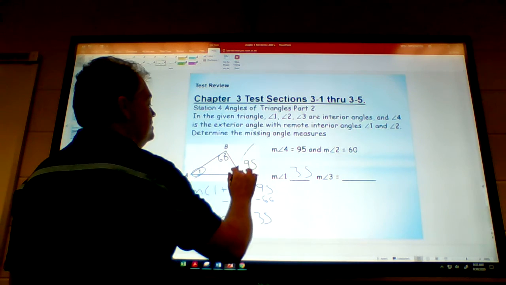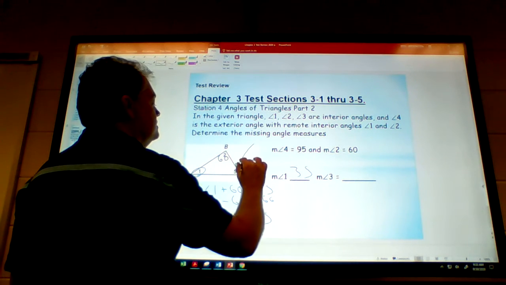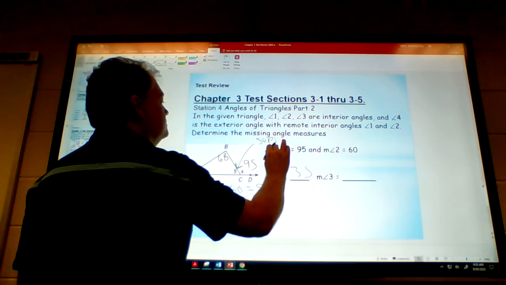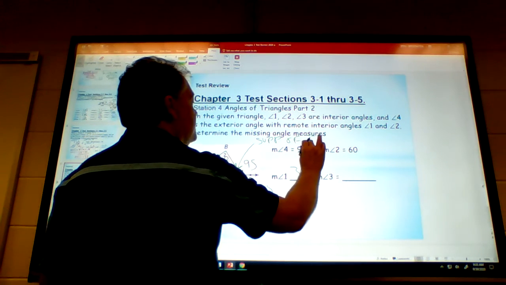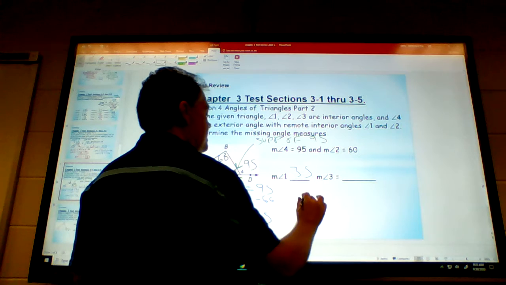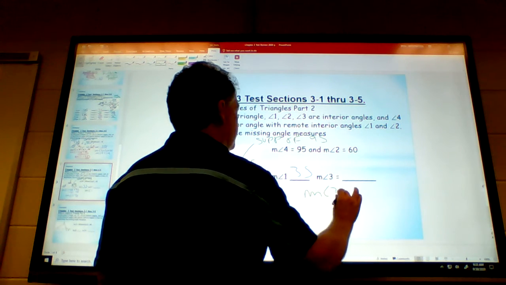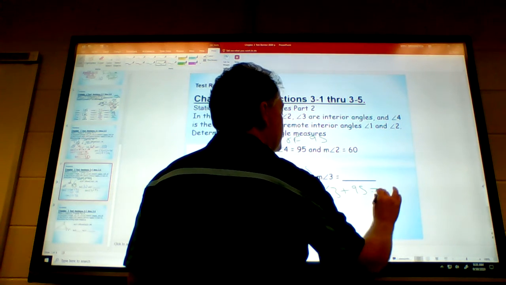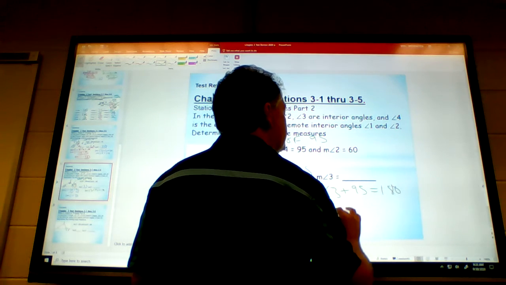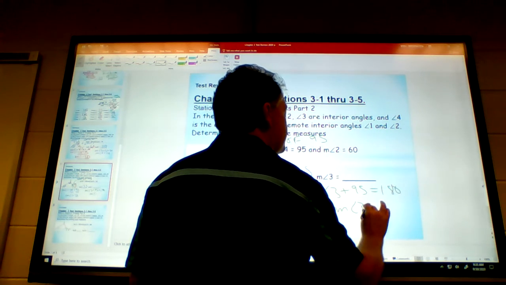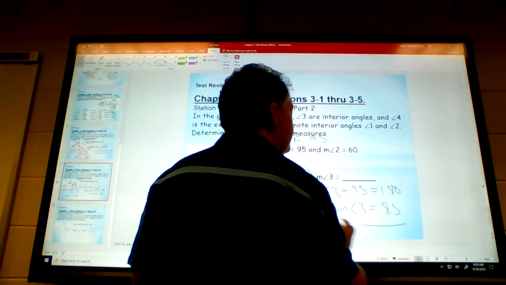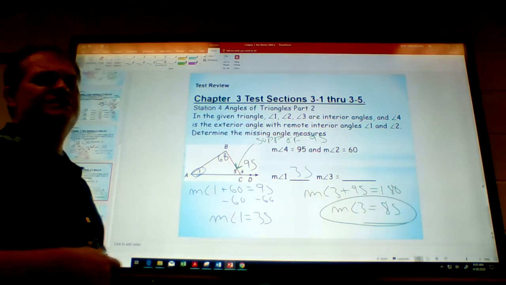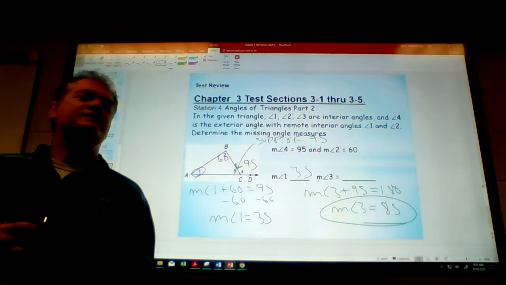Now, as far as 3 goes, that's just the supplement of 95. So the measure of angle 3 plus 95 equals 180. So the measure of angle 3 is going to equal 85 degrees. There's a couple different ways to do these. That's why I wanted to emphasize it.